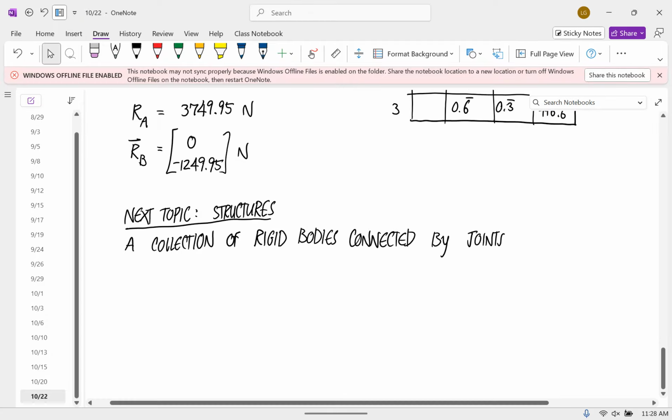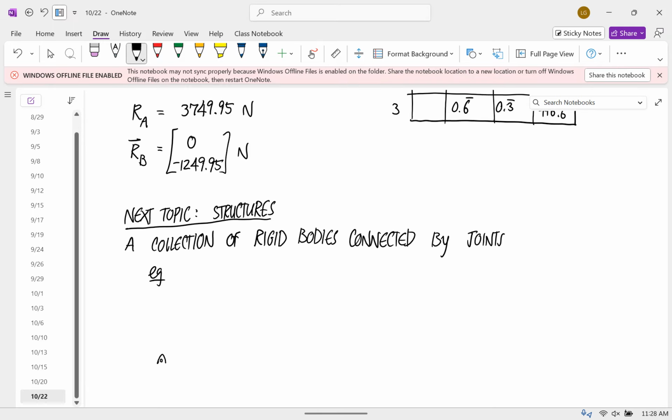An example of this would be, say you have these 3 members connected by pin joints, and you have some forces applied.